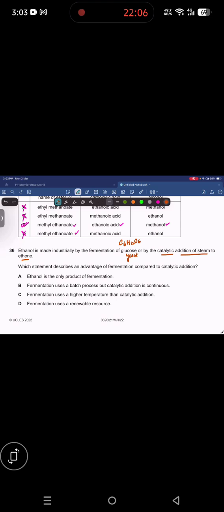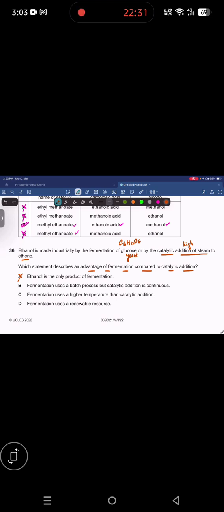Now, for the steam reaction, a high temperature is required. Okay. Now, which statement describes an advantage of fermentation compared to the catalytic addition reaction? Ethanol is the only product formed in the fermentation. No, in the fermentation we have two products here.